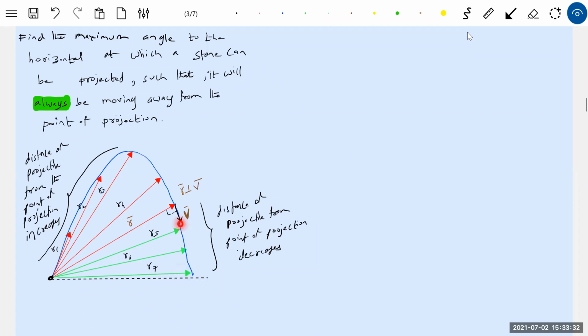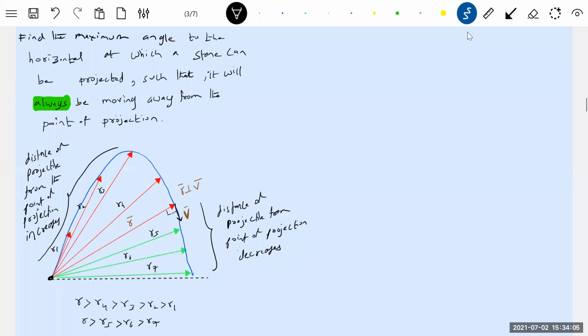So therefore, what is the condition? I should throw in such a way that it should always move away. It should always move away means it should move something like this. If it always moves away, then we'll be on safer side. So definitely now we'll take the conditions here. R bar greater than R4, greater than R3, greater than R2, greater than R1, and at the same time R bar is greater than R5, greater than R6, greater than R7.